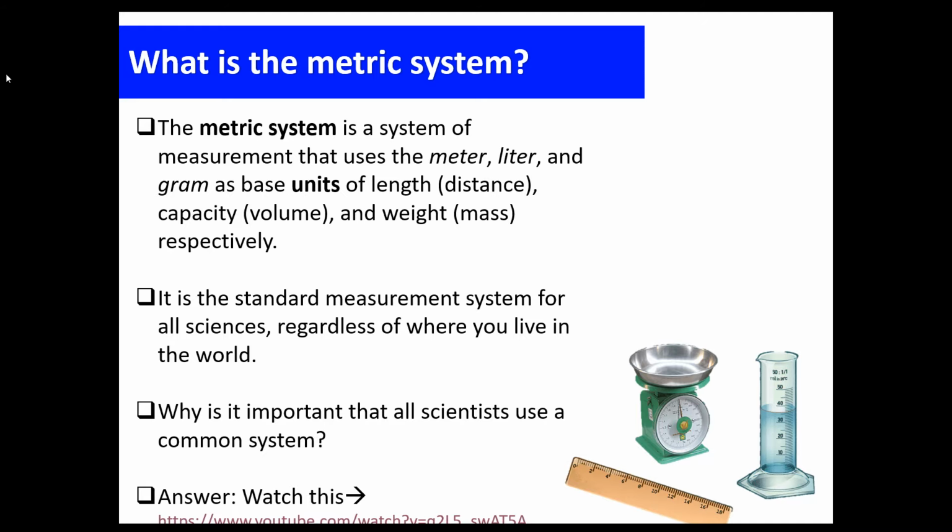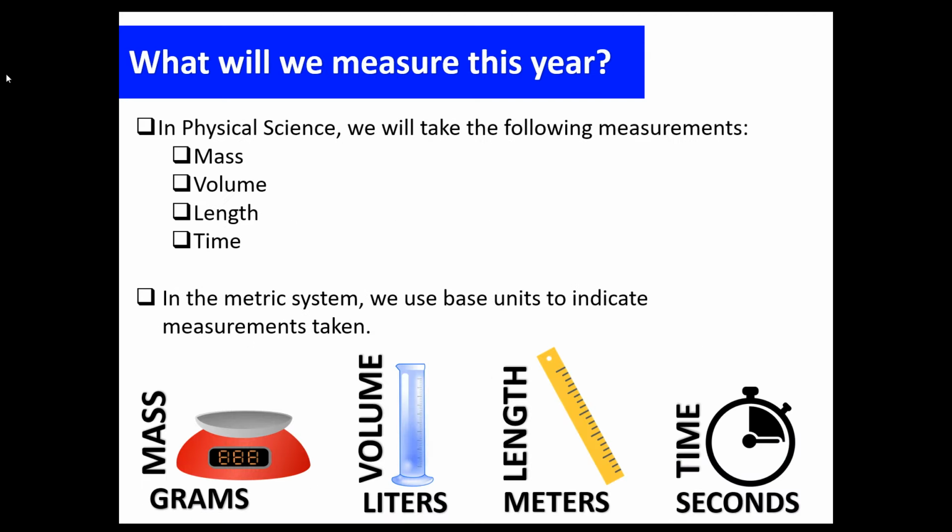The orbiter actually burned up in the Martian atmosphere. And so this was a big mistake on NASA's part, and it caused all scientists to look into their measurement system. And so what came of that is the understanding that all scientists work in the metric system. And so we're taking the time to learn about the metric system and learn about metric measurements because that's what we're going to have to use this year in the physical science classroom.